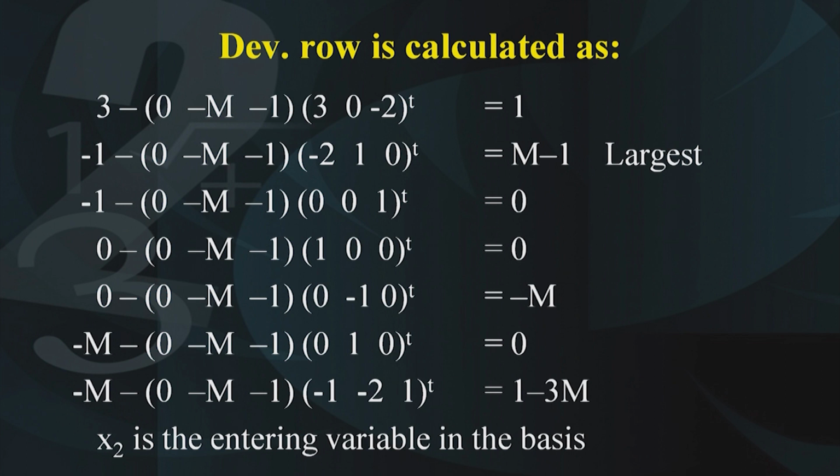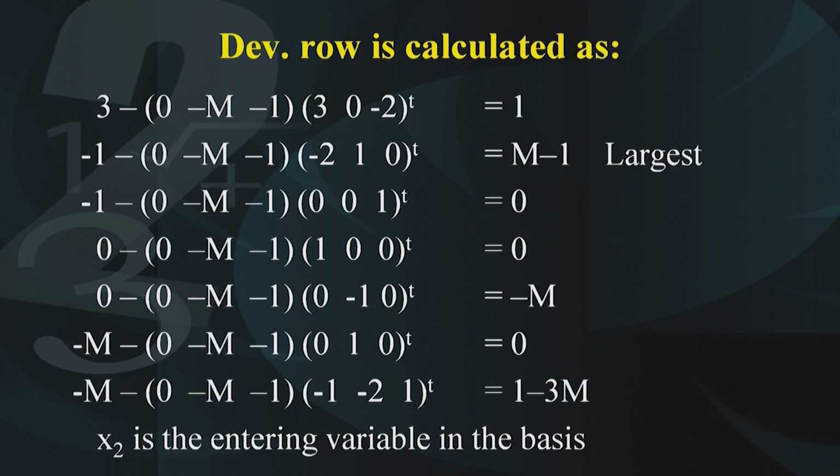So, the deviation rows become as follows: 3 minus 0 minus m minus 1 multiplied by 3 0 minus 2, which comes out to be 1.